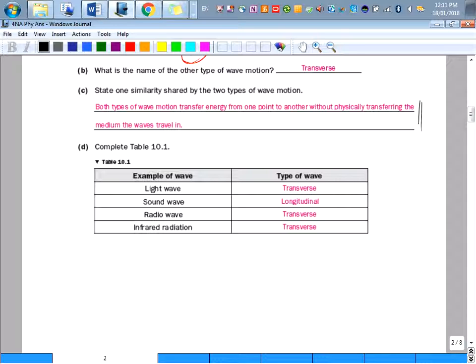Right, so just now I mentioned about air being the medium when I talk. So when I talk, the sound travels towards you. But if you were to look at individual air particles, if you can see them, they're actually vibrating parallel to the direction of the wave. So in and out, left and right. But the particles don't travel all the way there.